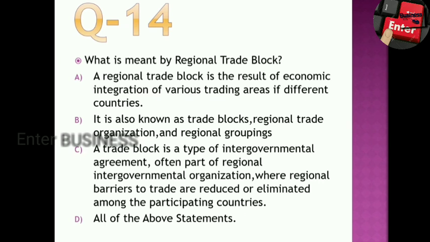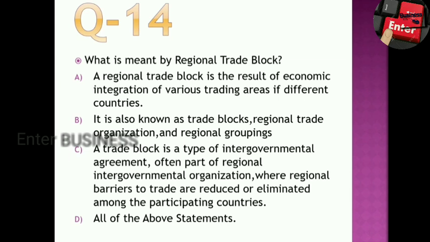And the next one is, what is meant by regional trade bloc? Option A, regional trade bloc is the result of economic interaction of various trading areas of different countries. Option B, it is also known as trade blocs, regional trade organization and regional groupings.